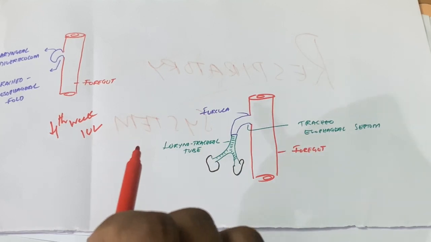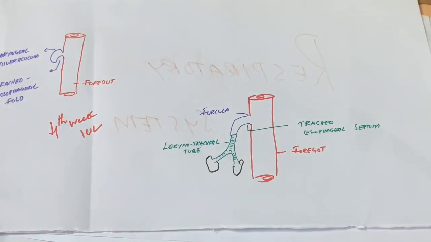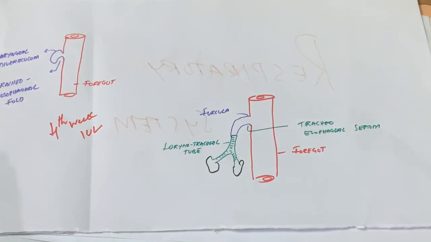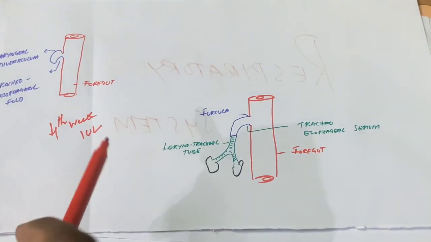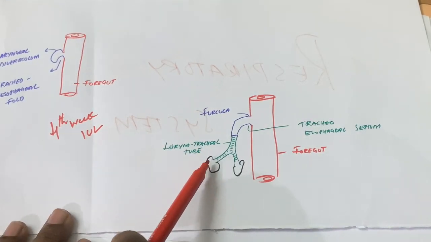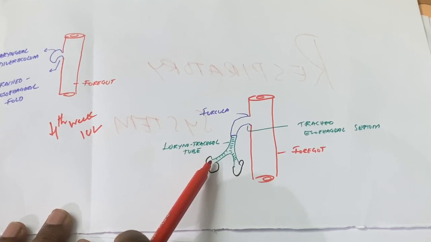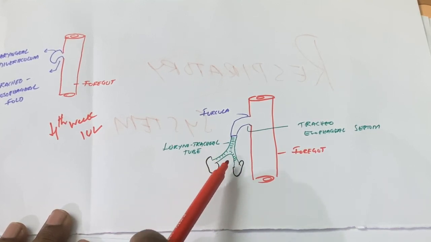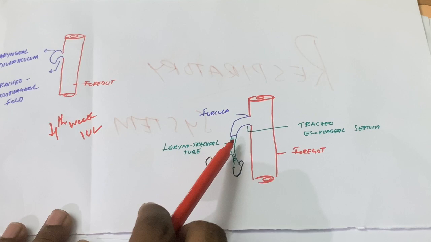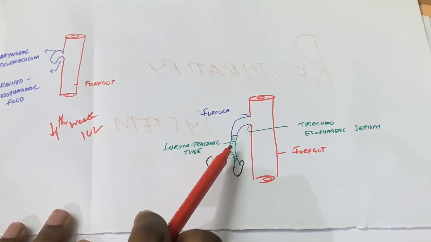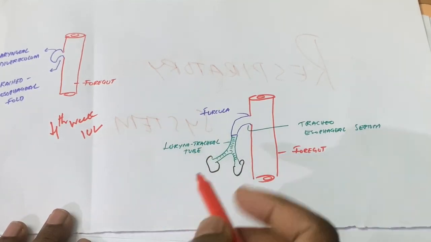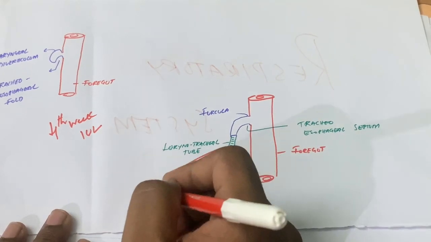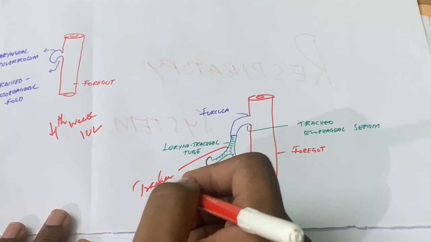So the trachea develops from the intermediate part that lies between the bifurcation of the lung bud and the larynx. Absolutely right. So this part will give rise to the trachea.